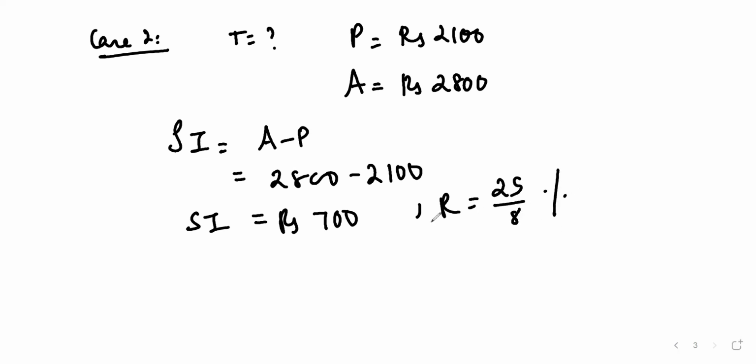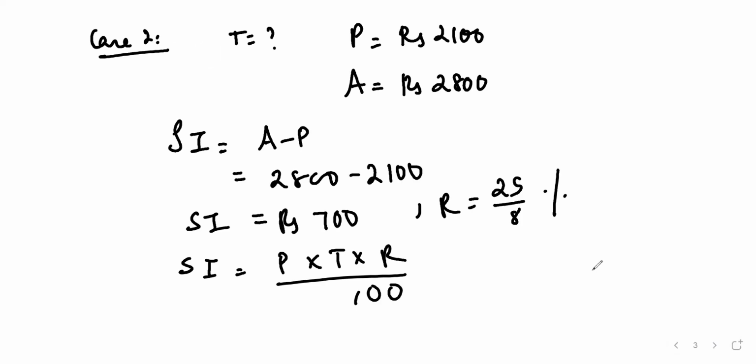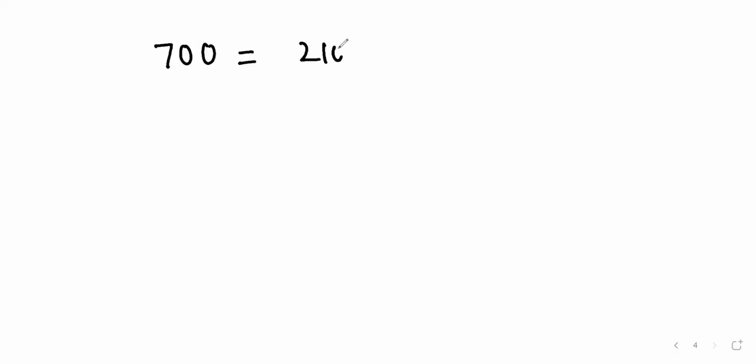We just have to plug in the values now. So SI is what? The same formula, P into T into R over 100. Just put in all the values. SI in this case is 700, is equal to P into T. The principal is 2100, which is going to amount to 2800.